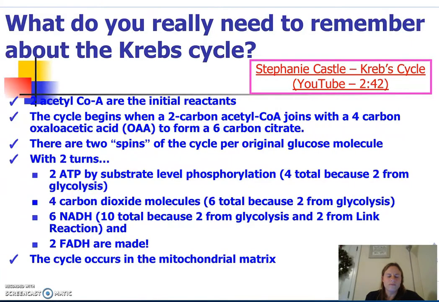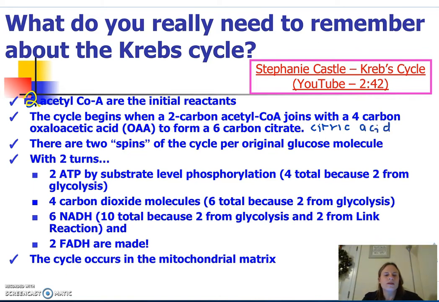Here's the most important information that you need to know. 2 acetyl-CoA are the initial reactants, where the cycle begins when a 2-carbon acetyl-CoA joins with the 4-carbon OAA to form that 6-carbon citrate, also known as citric acid, hence the name of the cycle, the citric acid cycle.